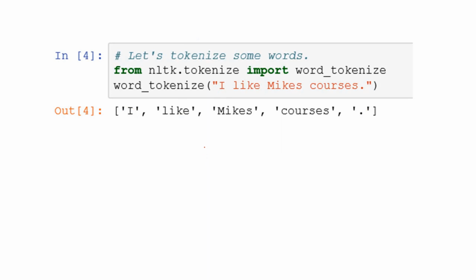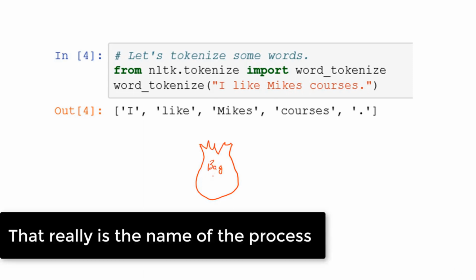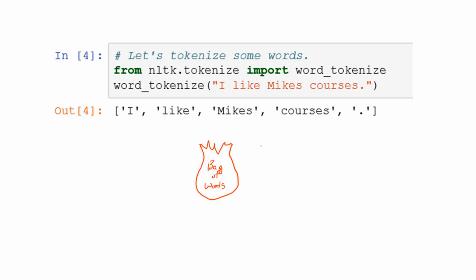Well, oftentimes, learning from text, we have this thing called a bag of words. And what we do is we create a dictionary of those words, and then we count their frequency.